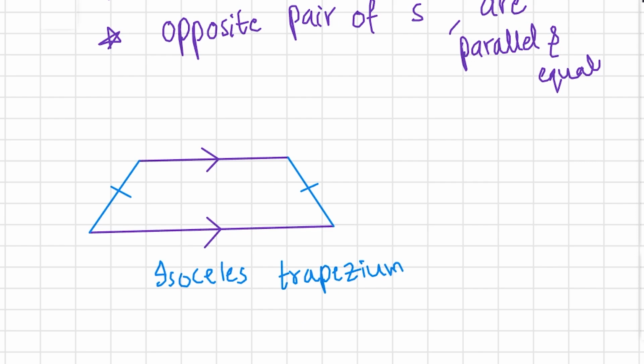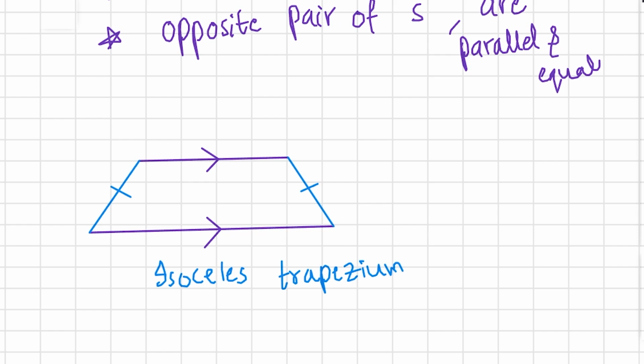We were talking about properties of parallelogram. What is the first point? If diagonals in a parallelogram are equal and perpendicular to each other, it's a square. Diagonals are equal and the angle between them is 90 degrees. Yeah, it is a square.